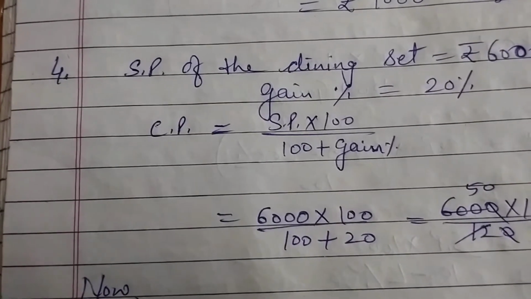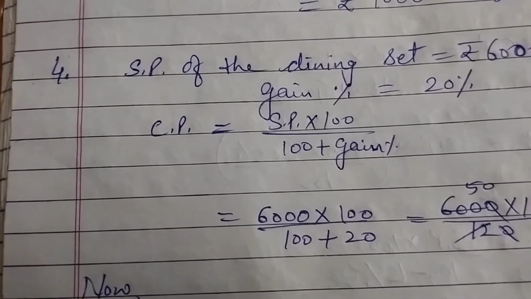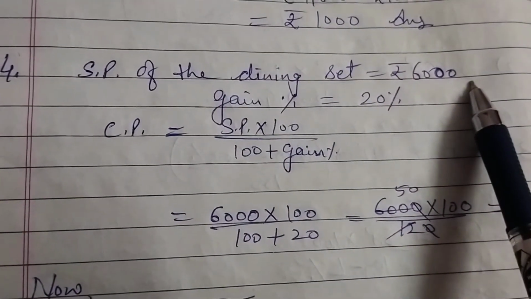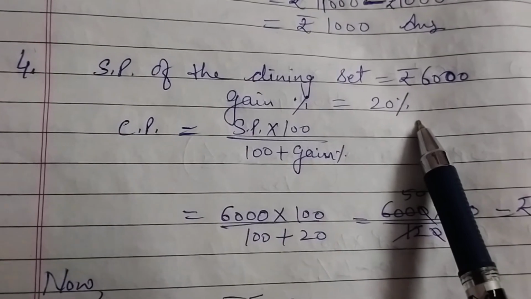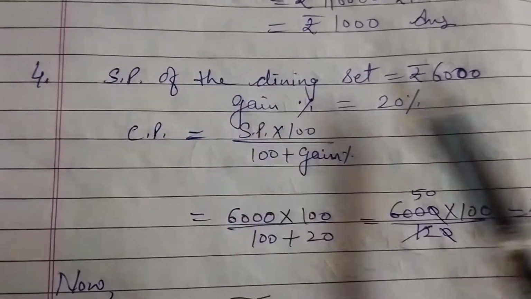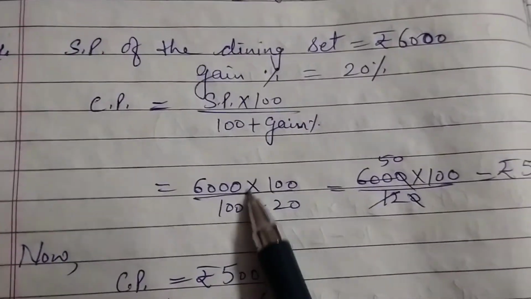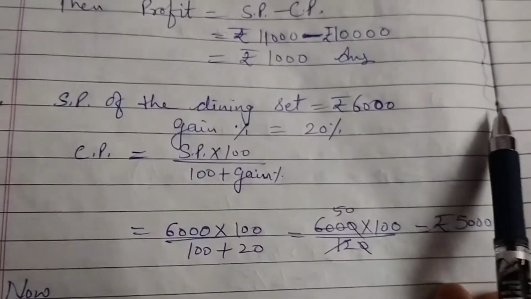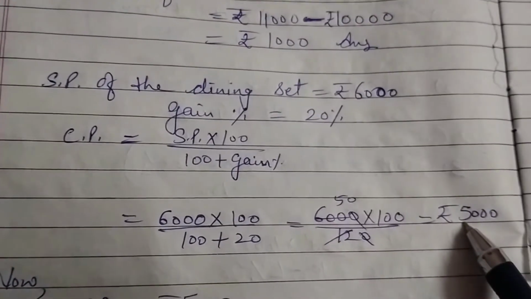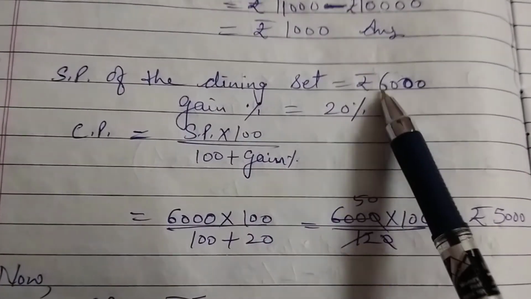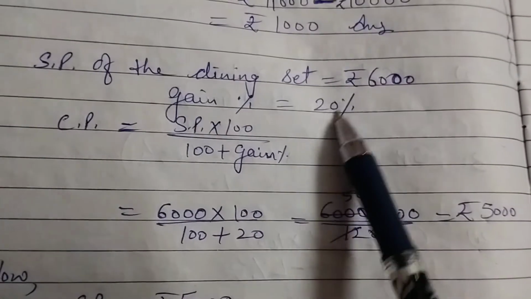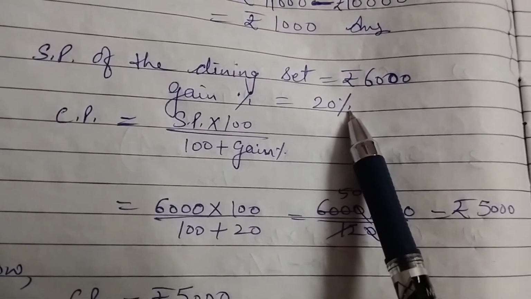Sita sells the dining table to Nita for rupees 6,000, means this is the selling price of the dining table, and she got gain 20%. This is the gain percent. With the help of these two you can find cost price. It means the cost price of the dining table was 5,000, and she sold it for 6,000 rupees. Here she got 20% gain.